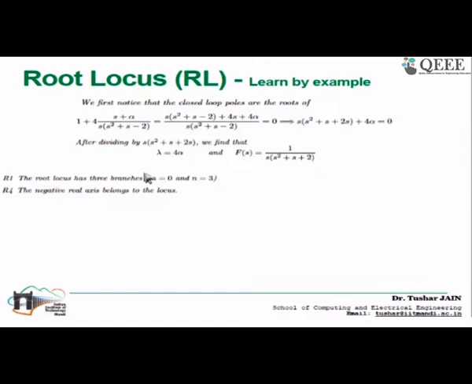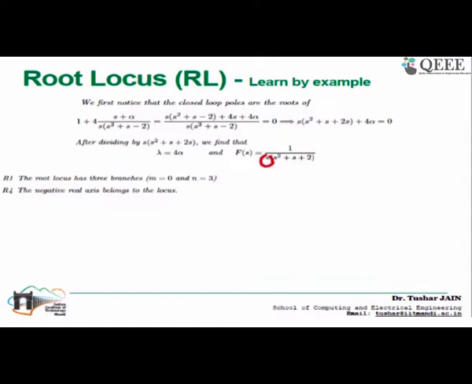Point number 4 says a point s0 on the real axis, that is s0 belongs to R, is part of the root locus if and only if it is located to the left of an odd number of poles and zeros. So you compute the poles and zeros of this transfer function. Okay. Quickly you notice that there is a pole on the imaginary axis and there is no pole on the right hand side of the s-plane.